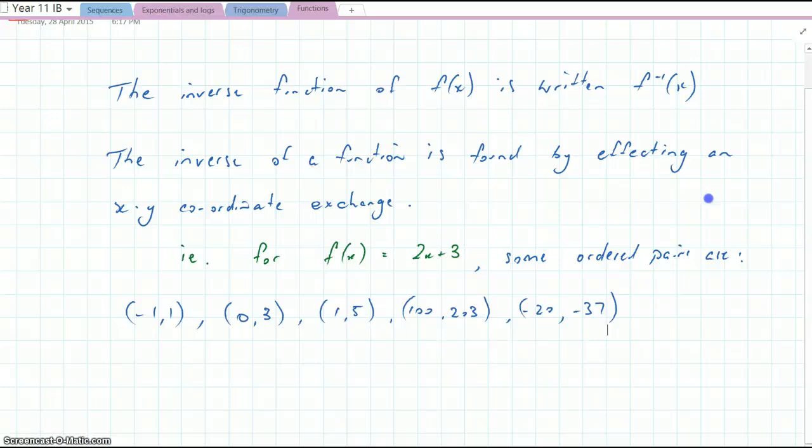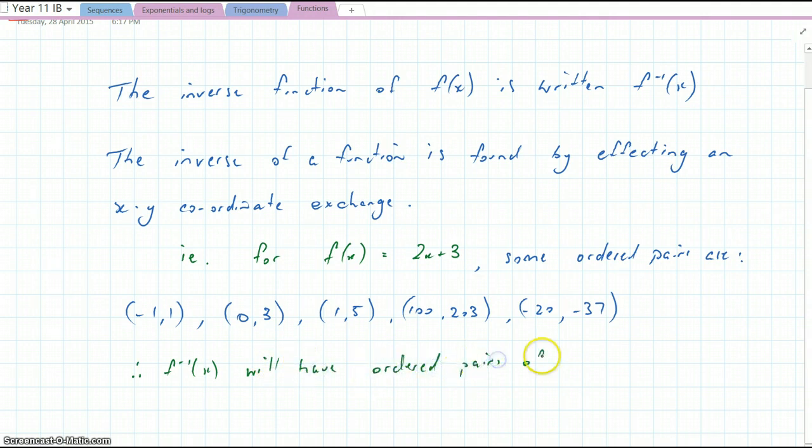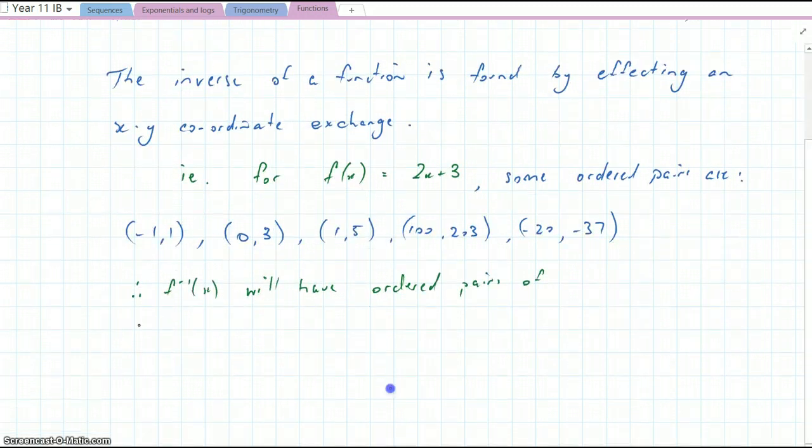So therefore f minus 1 of x, the inverse function of x, will have ordered pairs of, and now let's go through it, let's do a switch: 1, minus 1; 3, 0.